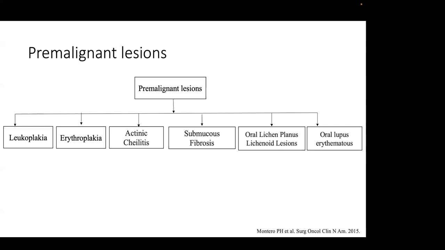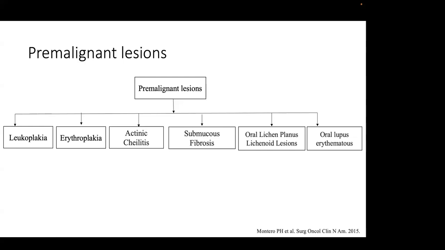Yes, it's a little higher. As I was telling you, the cumulative malignancy rate is around 33%, and 2.7% is right, that is your annual rate. And proliferative verrucous leukoplakia is around 50%. I confused it the other time. So PVL is actually 50% and erythroplakia is 33%.